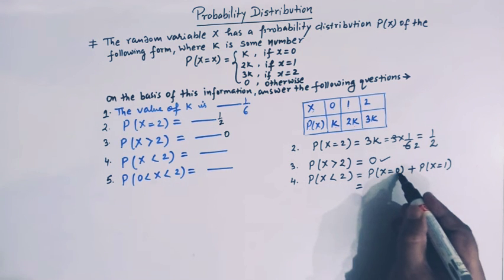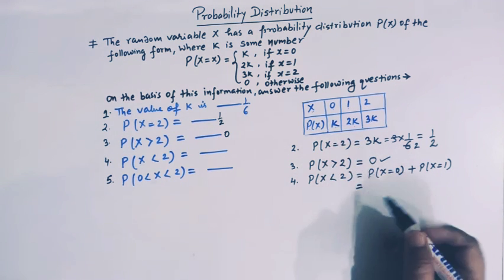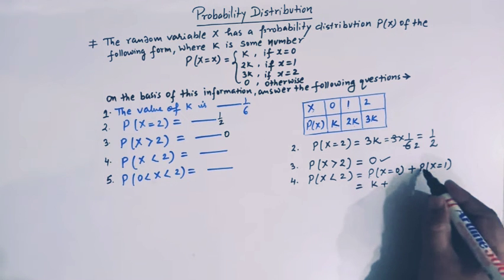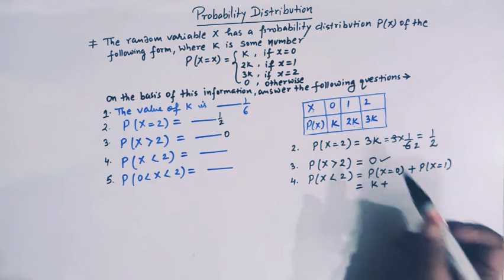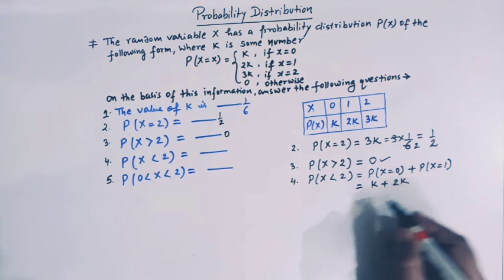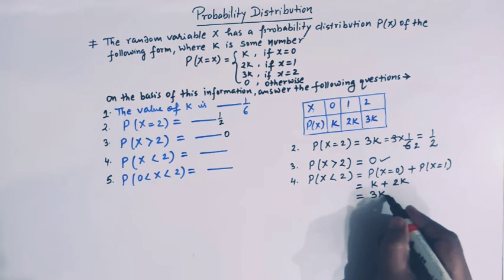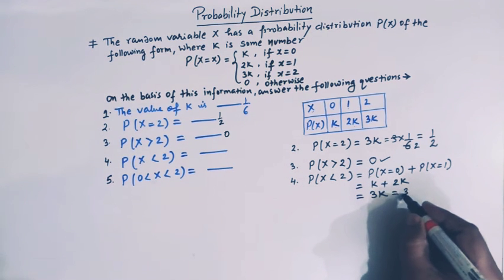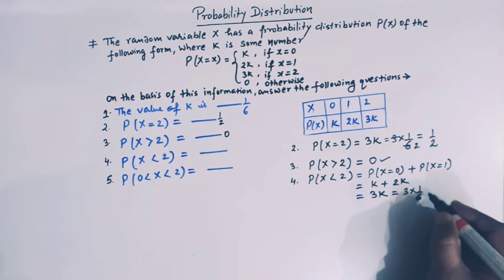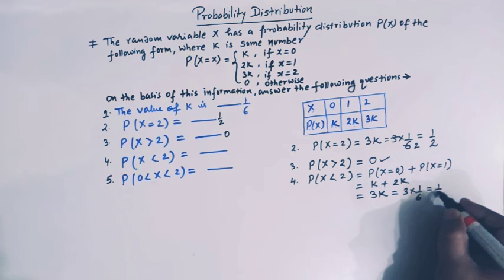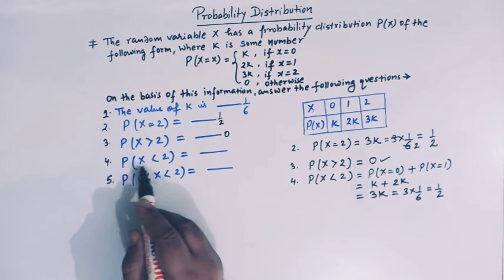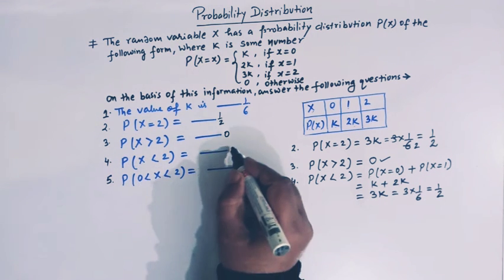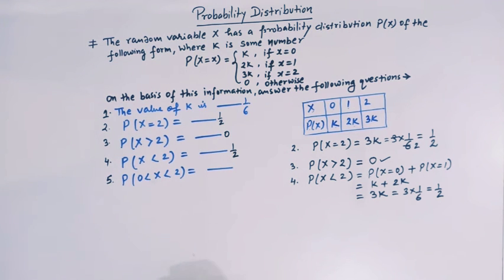And p of 0 is given by k, and p of 1 is given as 2k, right? So this is equal to 3k, and the value of k is 1 over 6. So here we can substitute 1 over 6, and that is equal to half. So the value of p of x less than 2 is half, right?